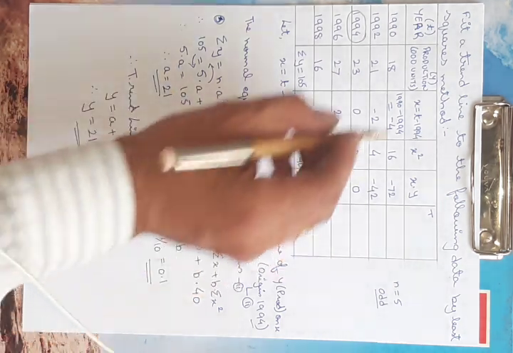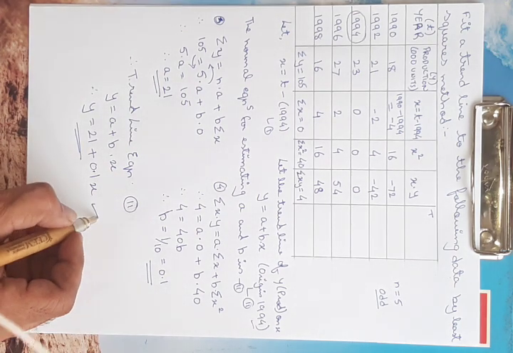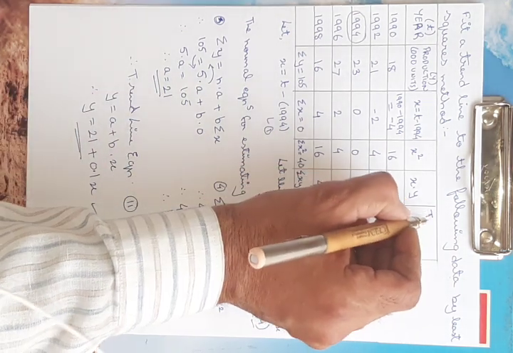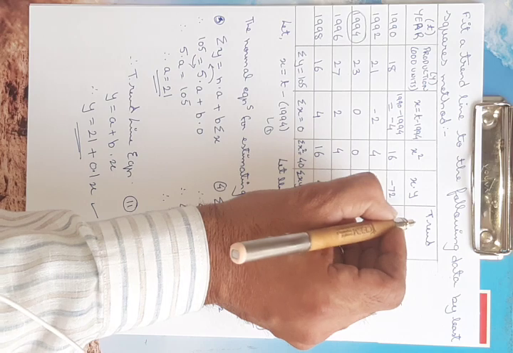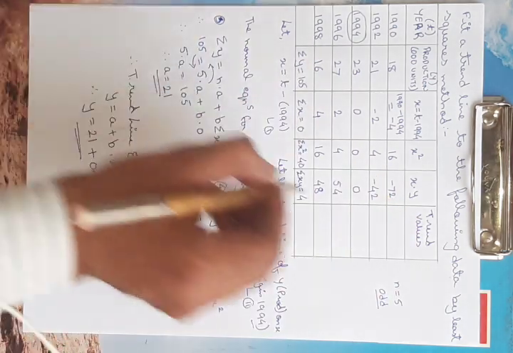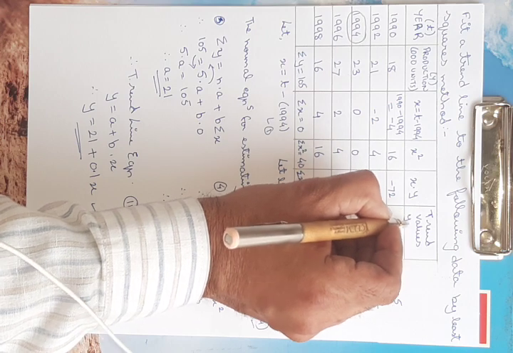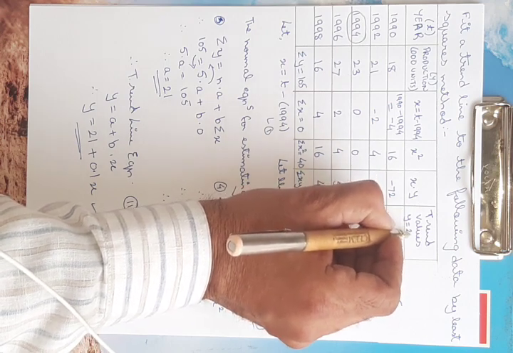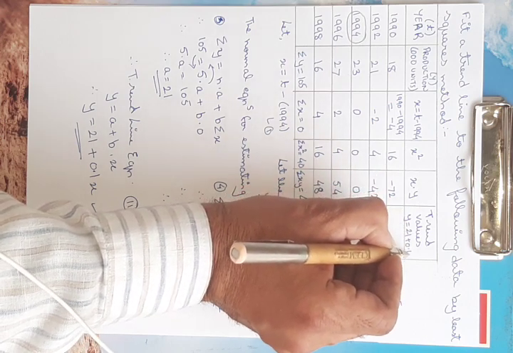Now we also need to calculate the trend values. How are we going to calculate those trend values? Using this equation, y is equal to 21 plus 0.1x.